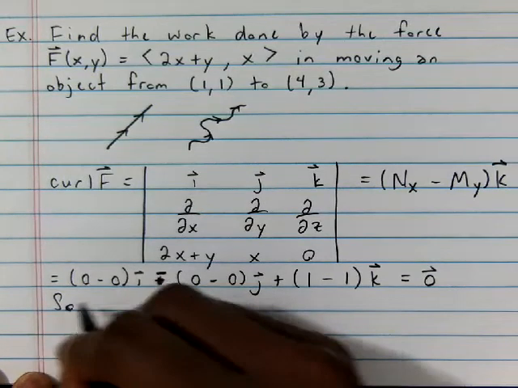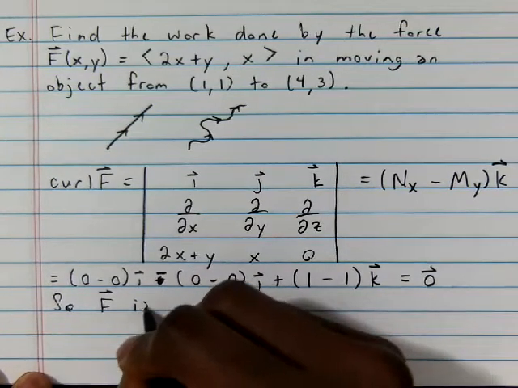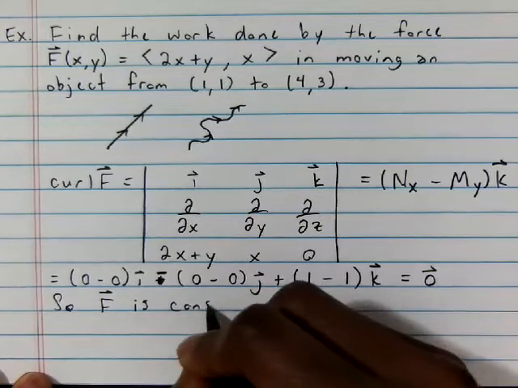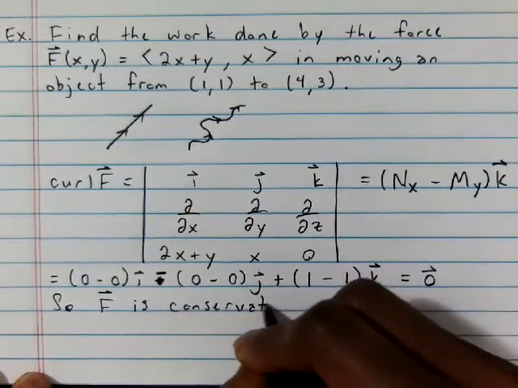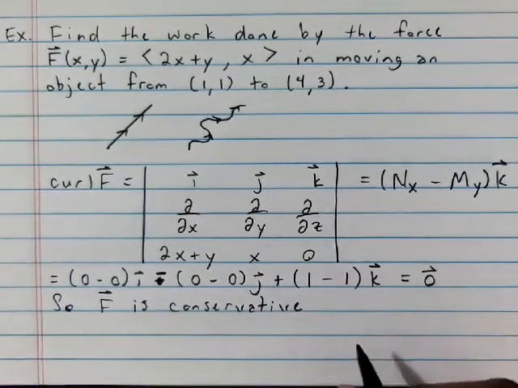So the vector field F is conservative. And now what we'll do is we'll find that scalar function f.